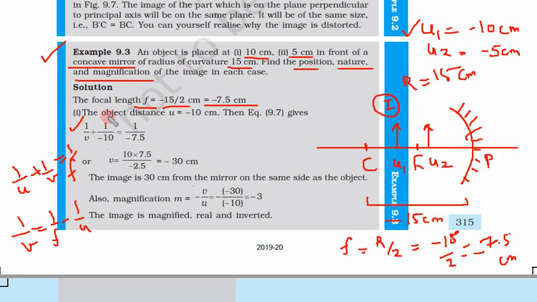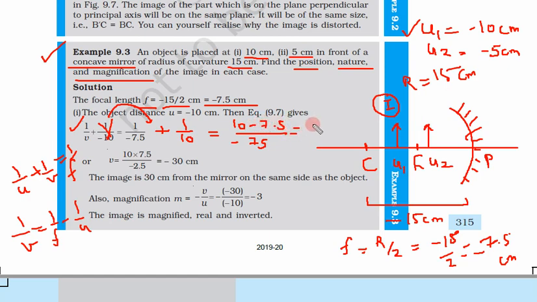So let us take this on this side. So this will become plus. So 1 by 10. Now after solving this, what do we get? Let us multiply this in denominator. So this will become 75, and this will become 10 minus 7.5.